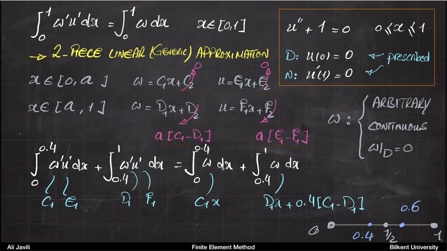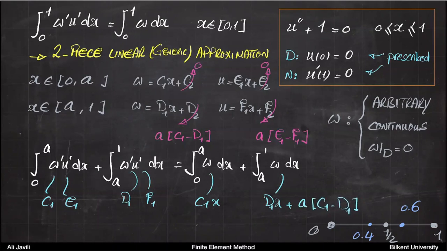And then when you want to integrate this, all you have to do is to replace this 0.4 in your integrals with A. So this is what you have.